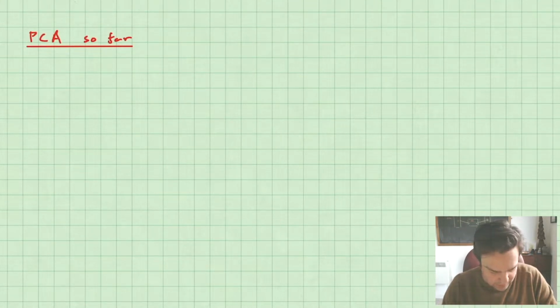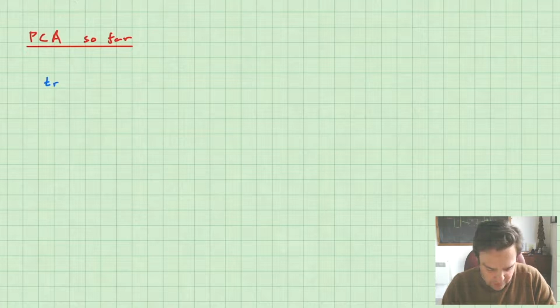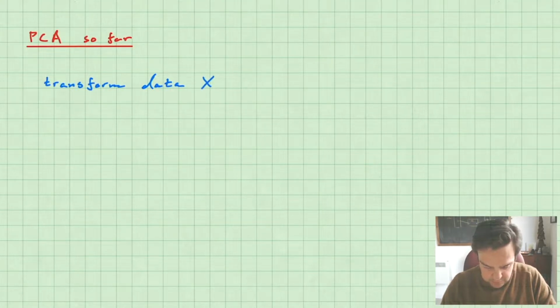So the idea behind PCA is that you take data originally in some form of a matrix X and you transform X. So transform the data X to the following. So the transformed space, or the PCA space, or PC space, if you want to call it that, is the Y matrix.